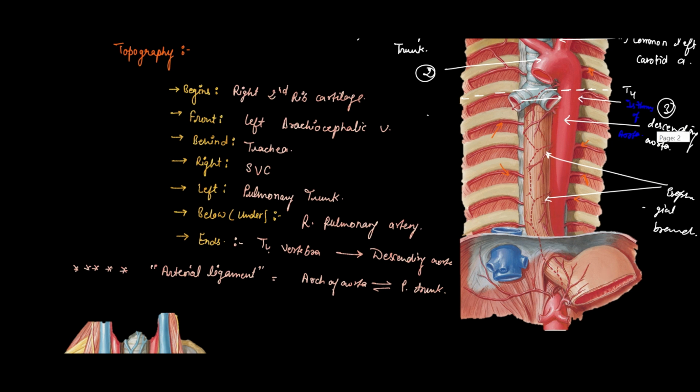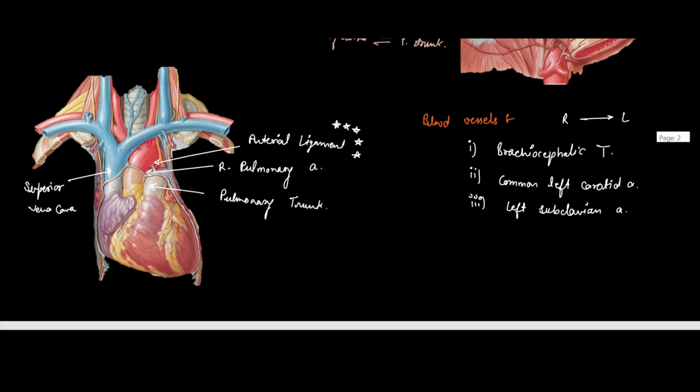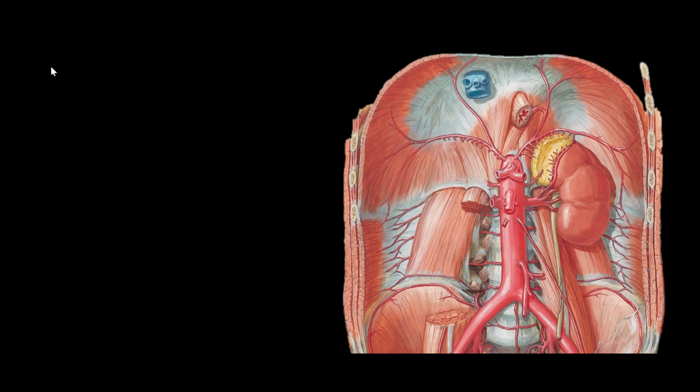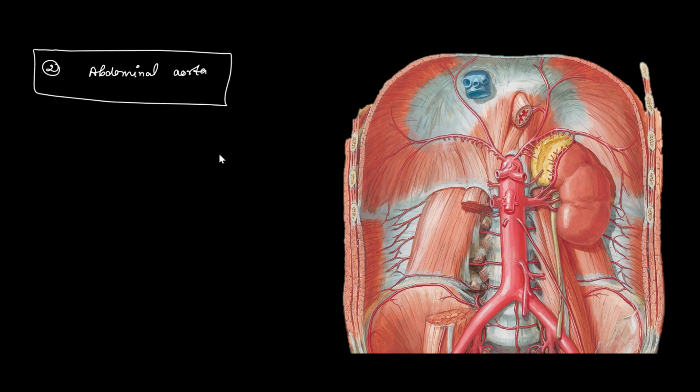Okay, the second important part of the descending aorta, the abdominal aorta. So when we saw the thoracic aorta, we studied that the thoracic aorta passes through the two cruras of the diaphragm and gets transformed into the abdominal aorta.